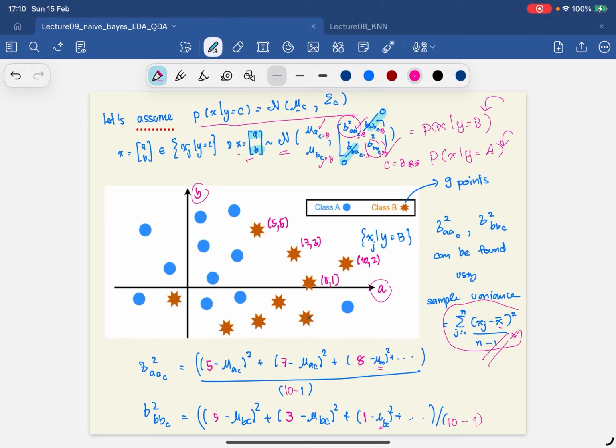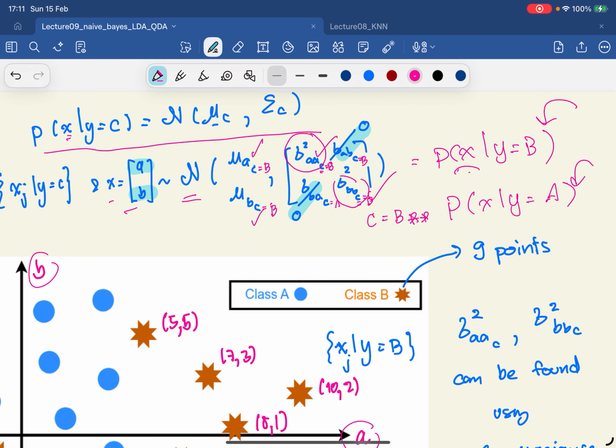That means we can write the probability of X given Y equal to C, so the probability of X given Y equal to B will be a function in X. When we provide a distribution, it will be X minus mu AC, and exponential, right?